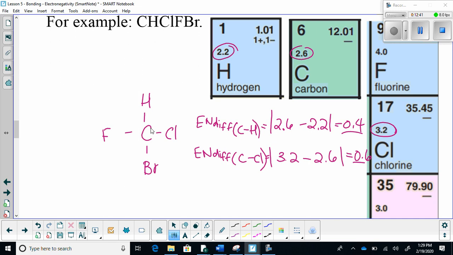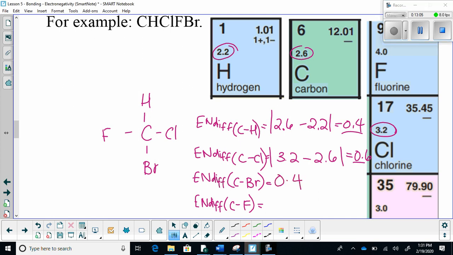Okay, I want you to take a moment and find the electronegativity difference between carbon and bromine and between carbon and fluorine. All right, so what did you get for the electronegativity difference between carbon and bromine? 0.4.